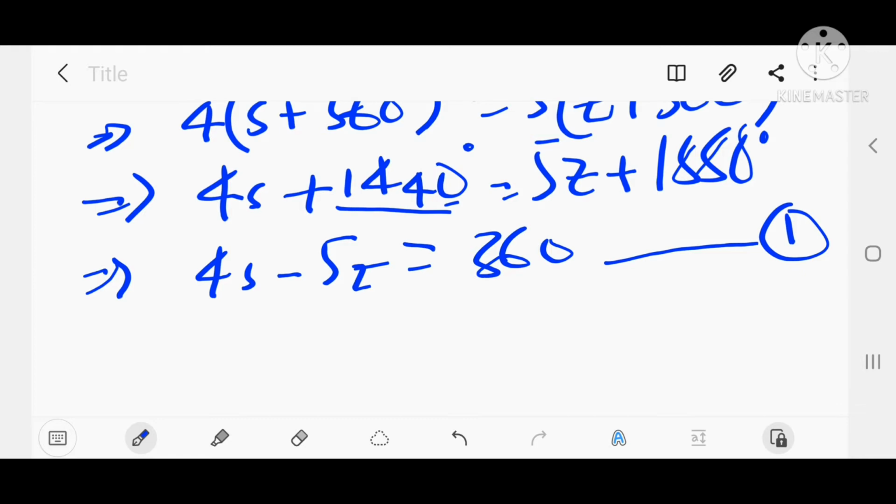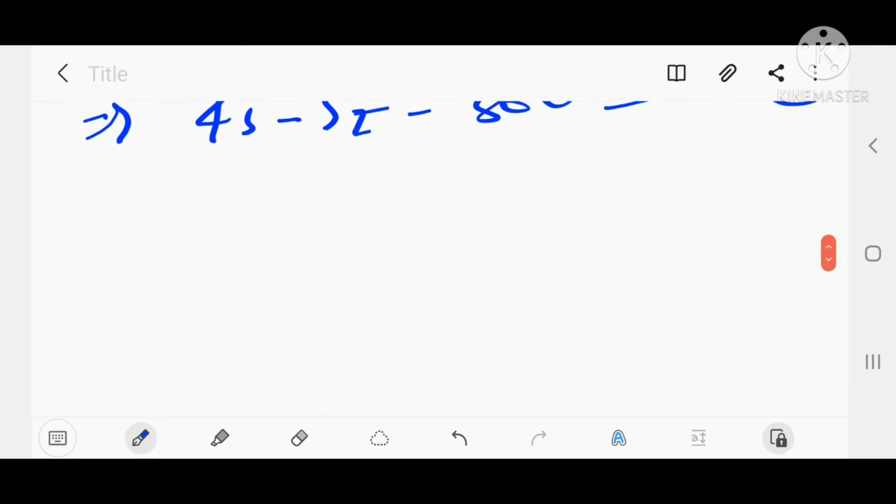For the second equation, according to the preamble, the difference between the angle of each of the polygons is 6. So we apply the formula for finding each interior angle of a polygon.